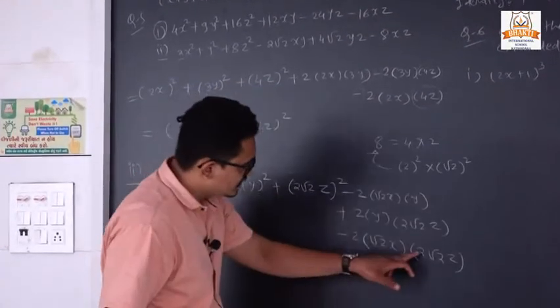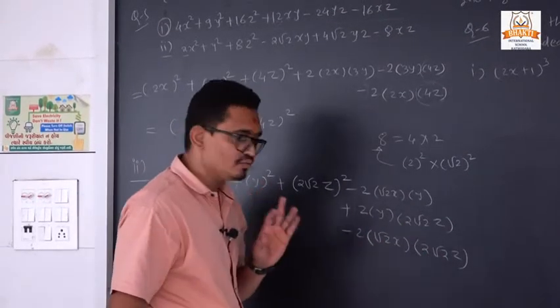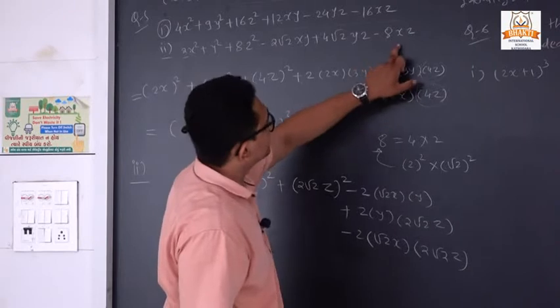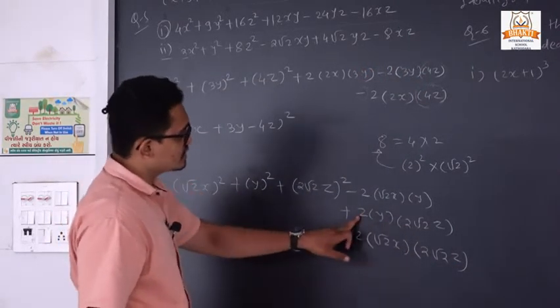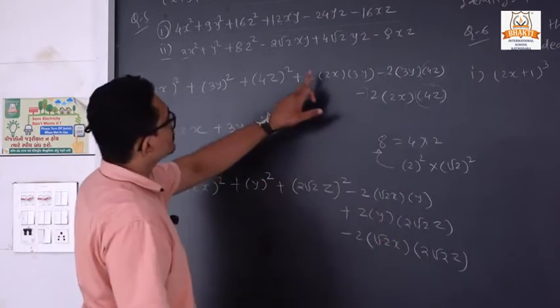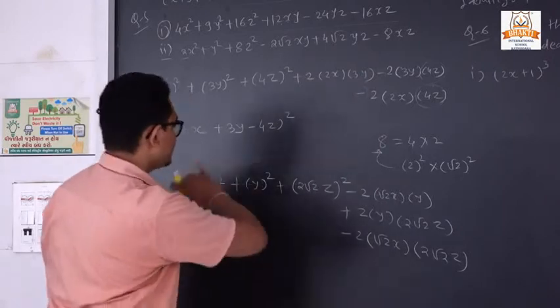Now see this, 2 into 4 and root 2 into root 2 will be only 2, so it will be 8, and x and z. Similarly here 2 into 4, 4 root 2, so here we have 4 root 2. So it is our 6th term.